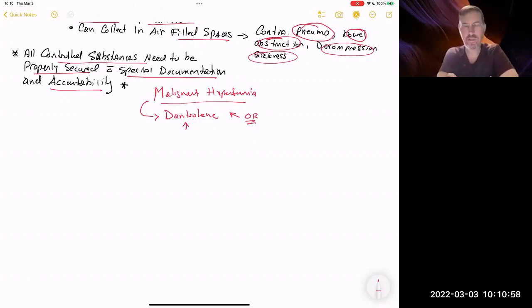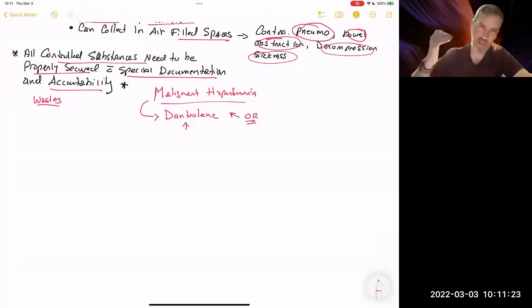And if you use a partial dose of something and you need to get rid of it, there should be a policy for how to get rid of it. We call that wasting. It typically involves 2 individuals signing. So just remember that there's a lot of accountability documentation associated with controlled substances, of which many of these analgesics and sedatives and induction agents belong to the category.